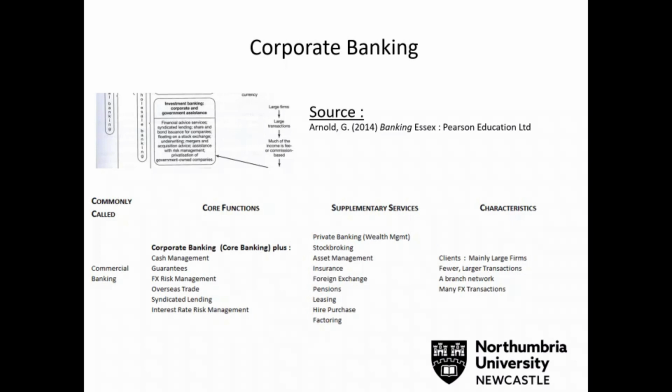The kind of actions that a corporate bank would do might be to provide business banking, foreign exchange risk management for organisations that are making transactions overseas for trading purposes. They may also provide certain derivatives products to businesses for risk management purposes, and also guarantees or letters of credit.